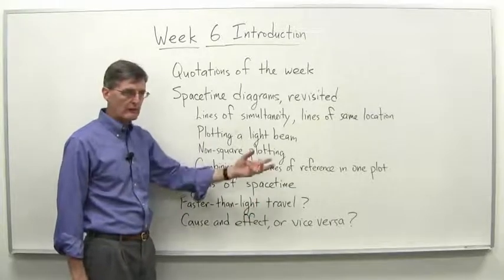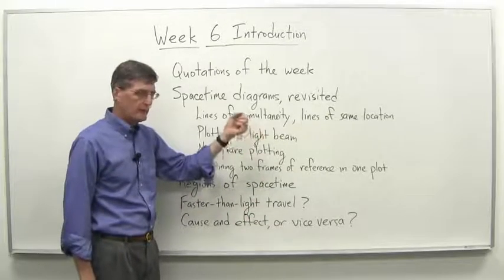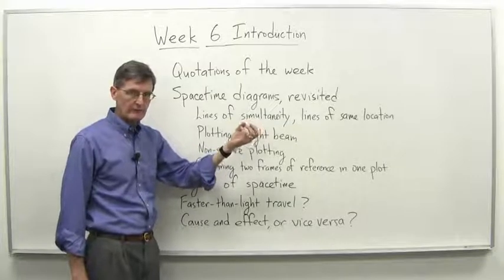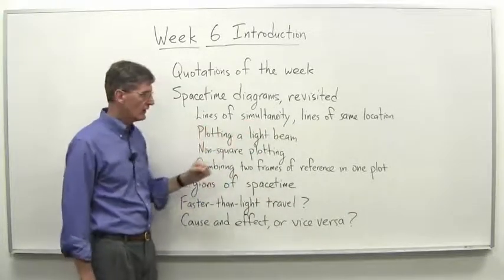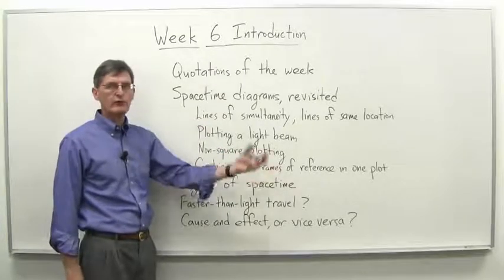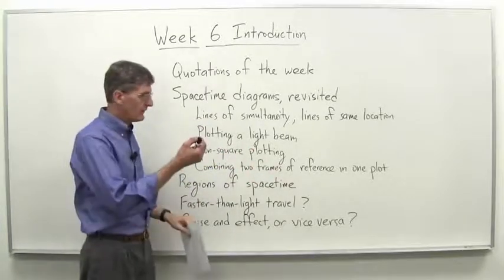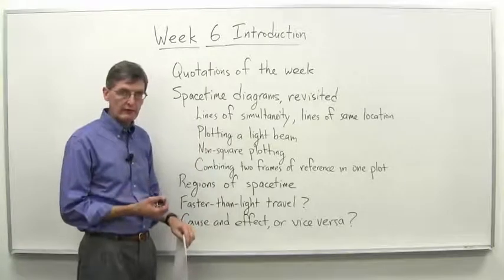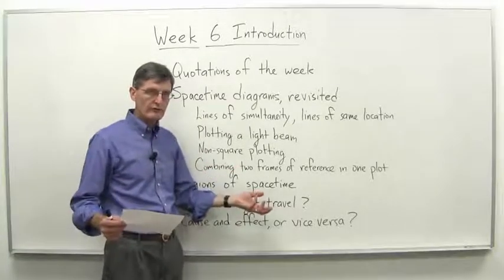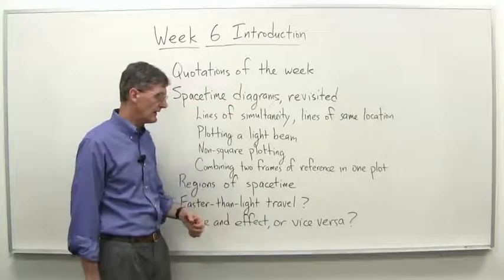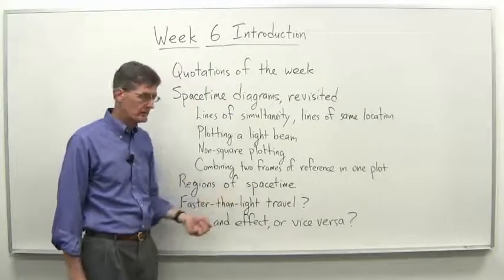If Bob, in a spaceship going by, measures an event at a certain location and a certain time along the x-axis in his frame of reference, we can transform that event into a location and time in Alice's frame of reference. And it turns out we can actually get both of their frames of reference onto one plot, as it were. Really, it's two plots in one.